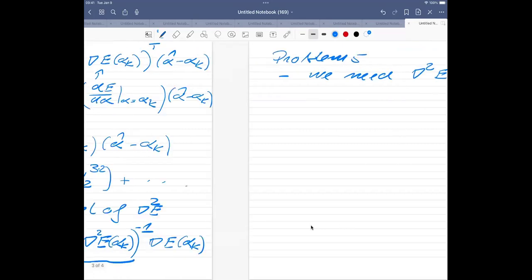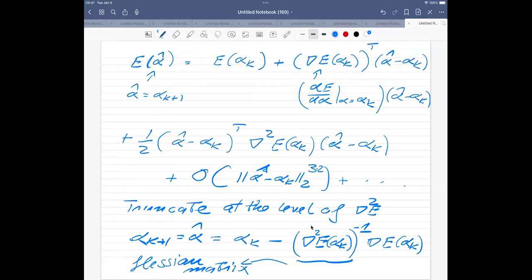So one thing is that if you do 100 iterations here, but suppose you have 1,000 such parameters alpha, this matrix here becomes a 1,000 times 1,000 matrix. And if you do 100 iterations for each of them, that means that for each iteration, you have to evaluate a 1,000 times 1,000 matrix, and you're doing this 100 times. So to invert a matrix like that one requires n cubed floating point operations. So this is typically something you don't want to do.